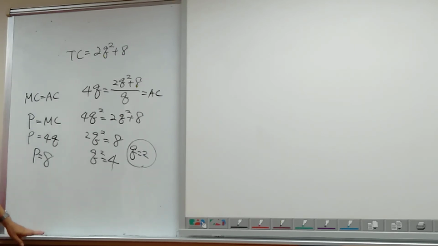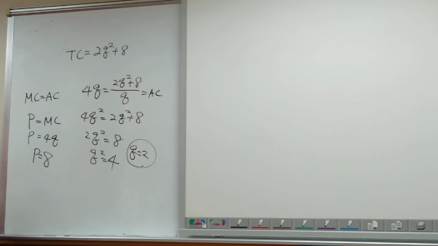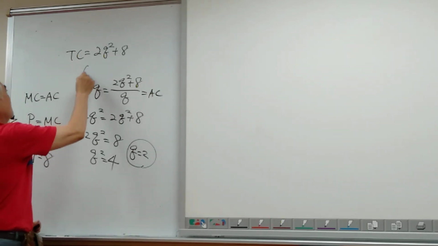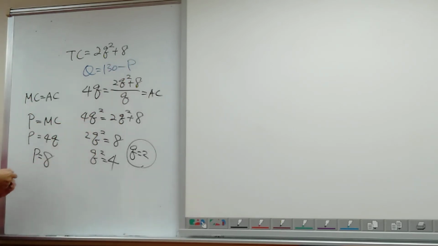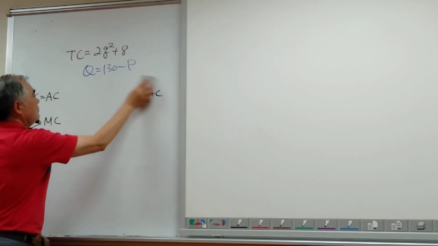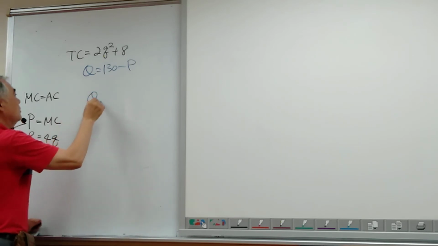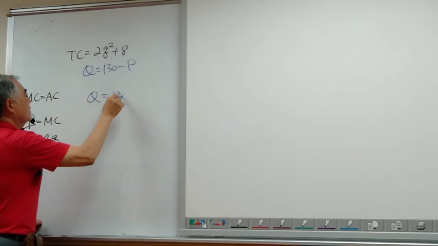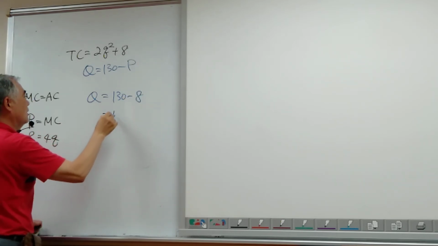What is the market Q? You have Q is equal to 130 minus P, right? So that means Q is equal to 130 minus 8, which is equal to 122.